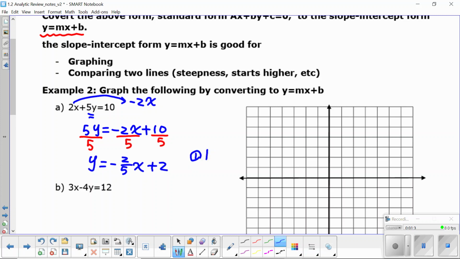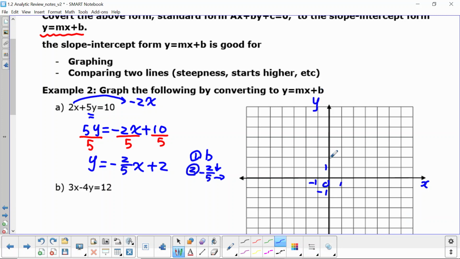We do the graph: find the y-intercept first, then use the slope to graph it. The slope is down 2, right 5. So b is 2. We find the 0, 1, negative 1, and label the x and y axes first.